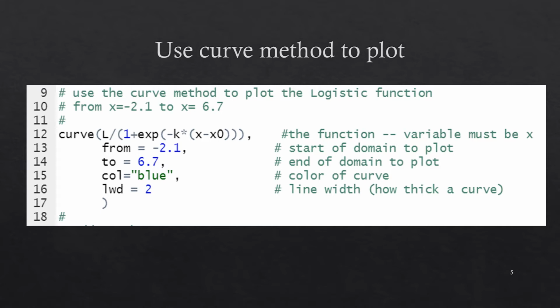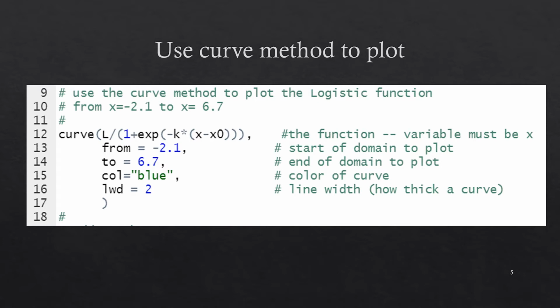Then in computers, the exponential is a function, so it's exp, and the exponential function had its set of parentheses. And then the argument of the exponential was minus k times the quantity x minus x0, and the x minus x0 was in parentheses. So that's a lot of parentheses, but some keeping track.